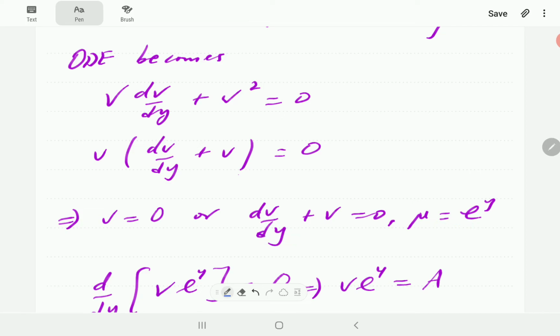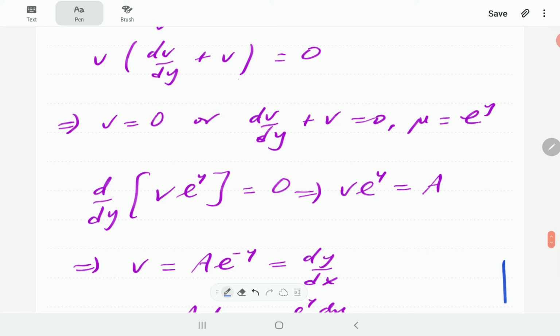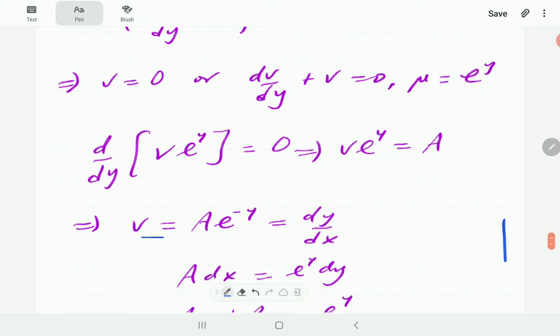So that means e to the y is going to be our integrating factor. Multiplying both sides by this gives us this, whereby the left hand side is an exact derivative. So if we integrate, we're going to get v e to the y equals a. So that means v is a e to the minus y, but v is dy dx.